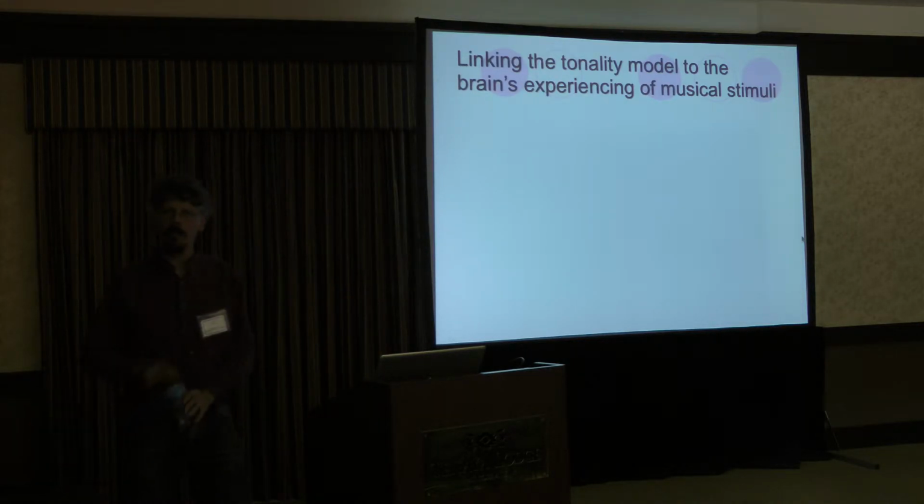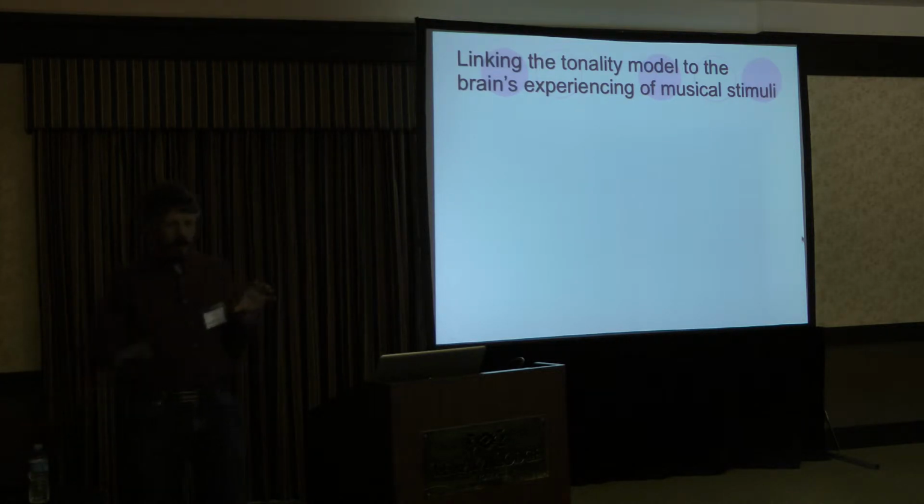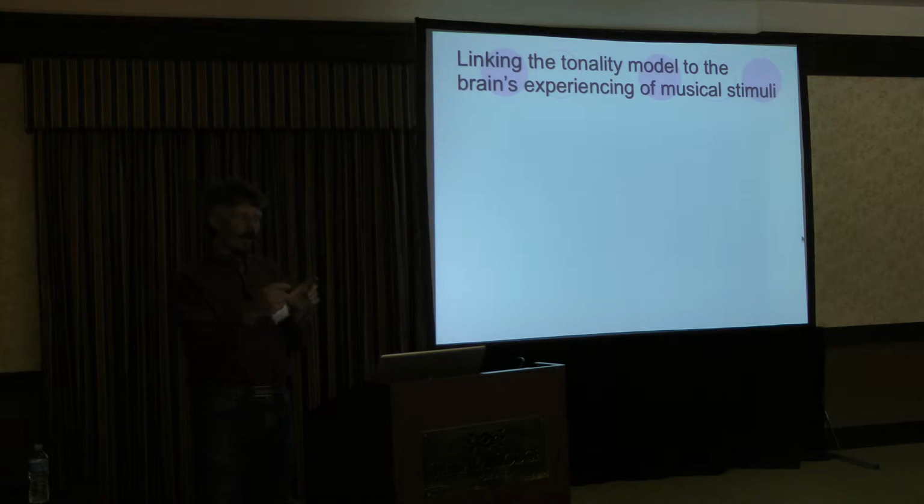I'm just curious about the toroidal shape. Why toroidal and not, say, spherical or any other shape? Yeah, so that arises from the fact that the circle of fifths itself is circular, so you have to somehow be able to fit a circle.